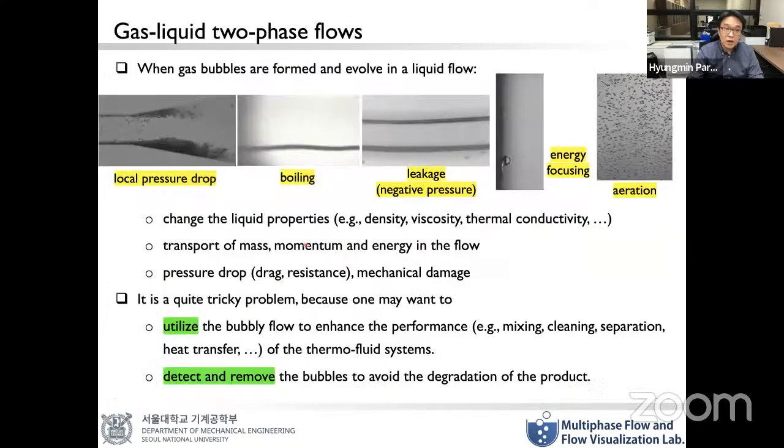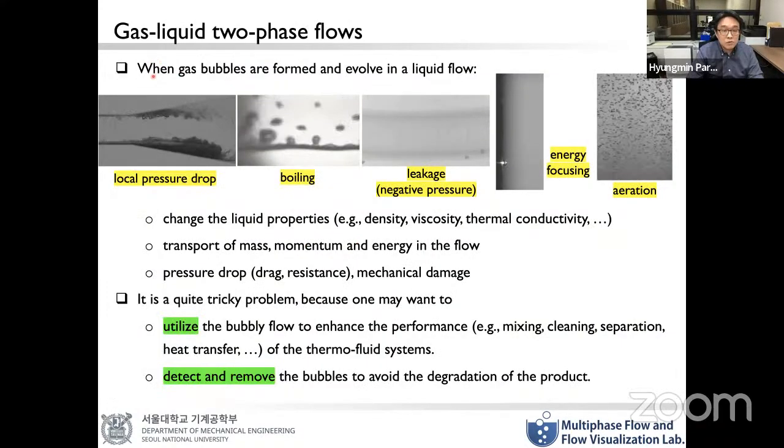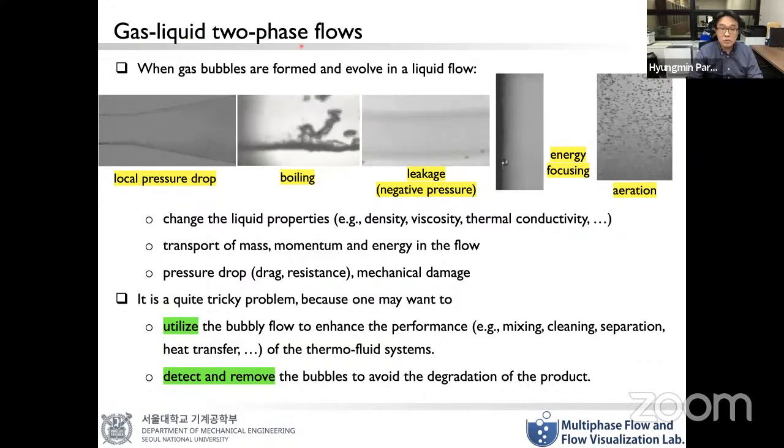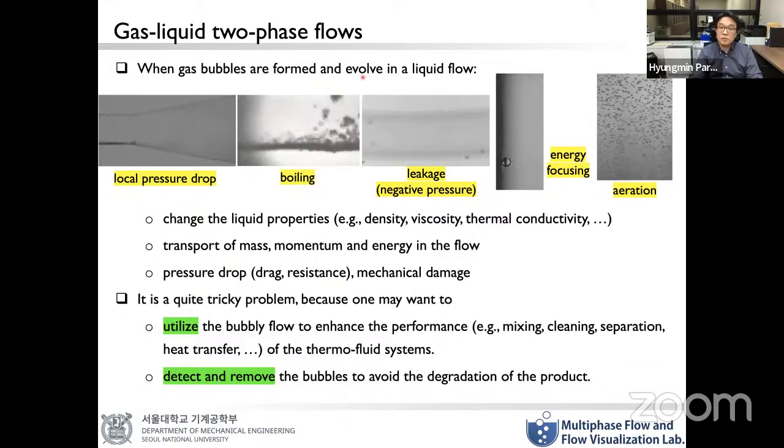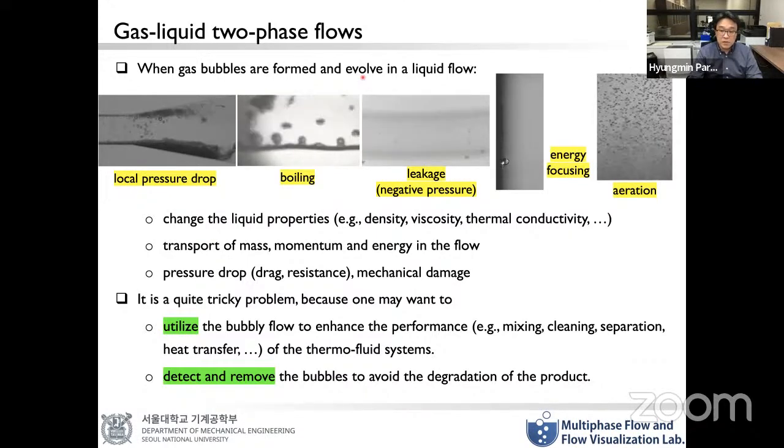Okay, so today my talk will be about gas-liquid two-phase flow. Many of you are familiar that gas bubbles are formed in various regions, as shown in these movies, and if they evolve in a liquid flow, it is quite well known that they can change the liquid properties such as density, viscosity, or thermal conductivity, and so on.